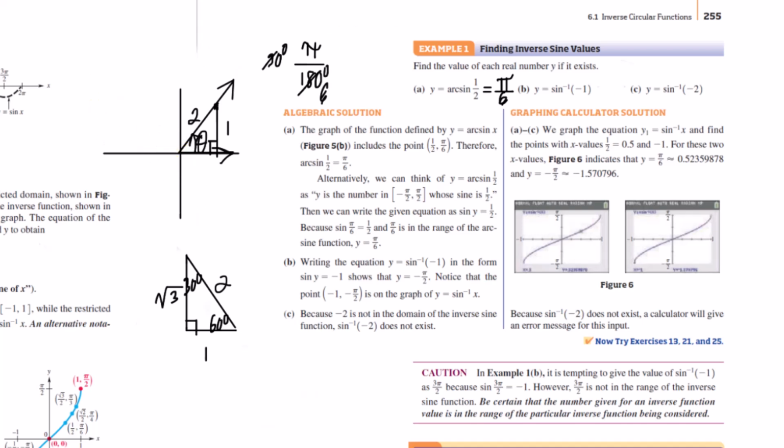would be, over here, 150. This would be 150. The sine of 150 is also equal to 1/2, since sine is positive in quadrant 2.